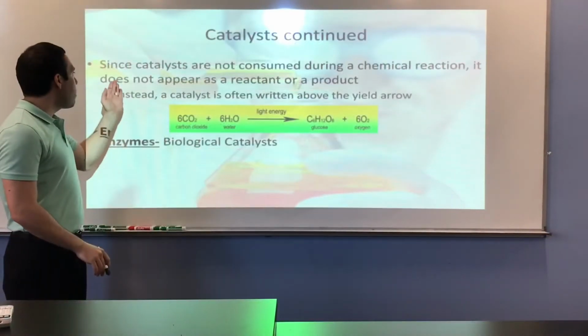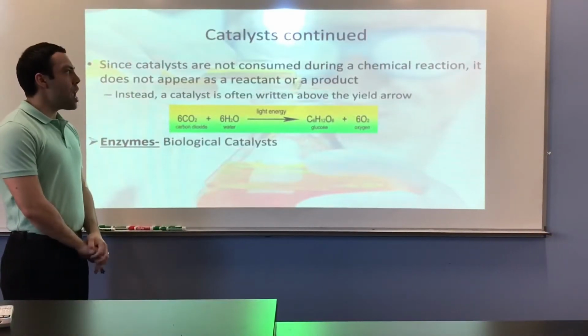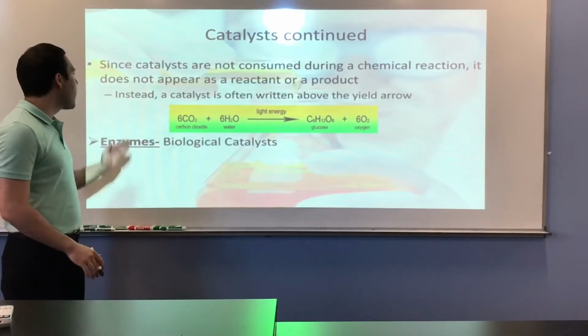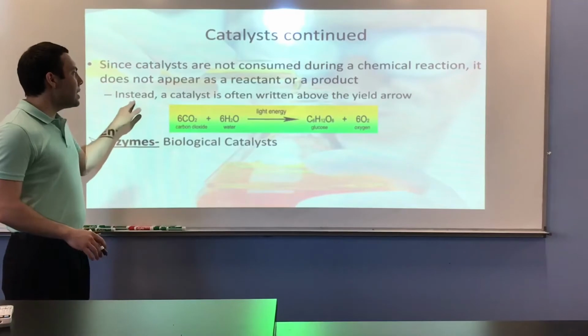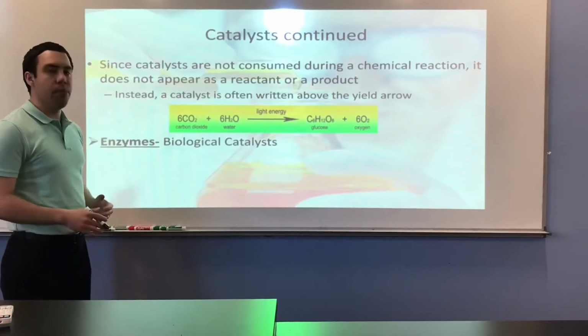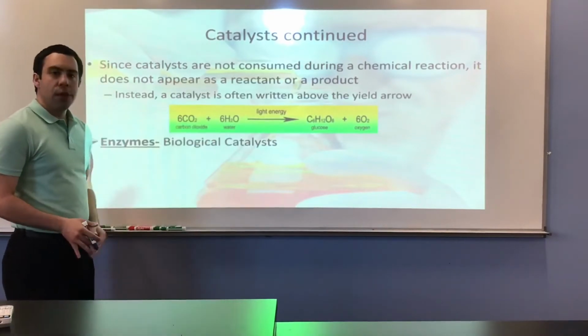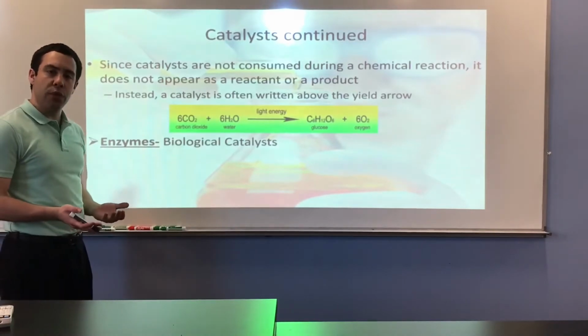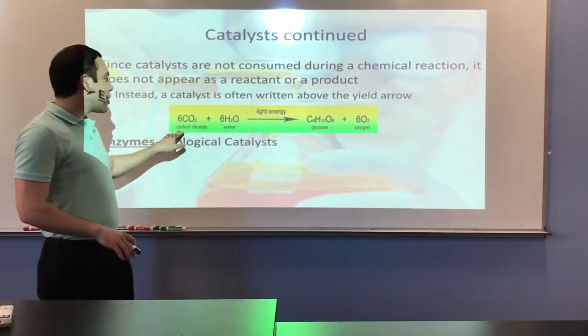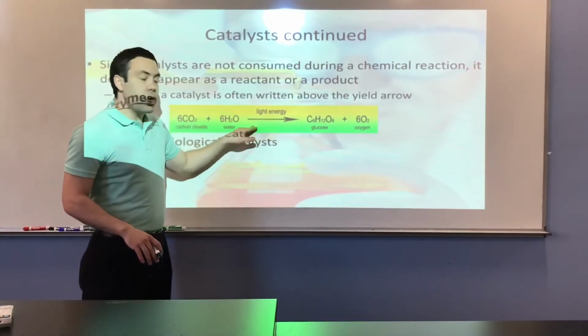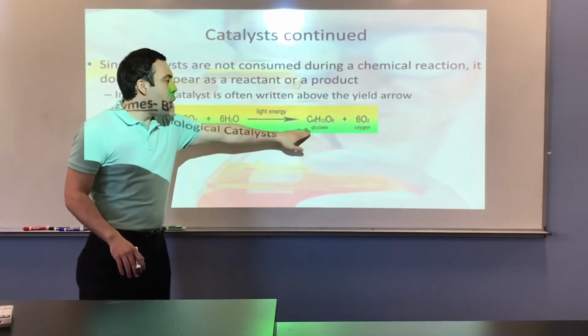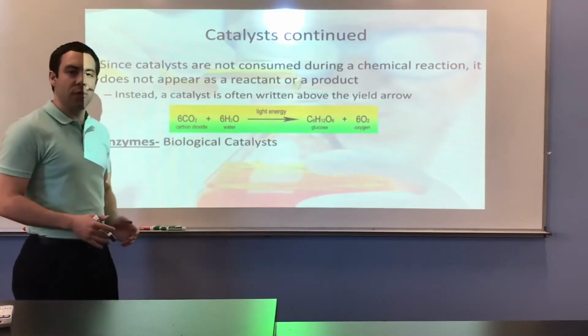So, as we said before, since catalysts are not consumed during a chemical reaction, they do not appear as a reactant or a product. Instead, a catalyst is often written above the yield arrow. This is a common equation I'm sure you've seen before: 6 carbon dioxides plus 6 waters yields 1 glucose and 6 oxygen molecules.